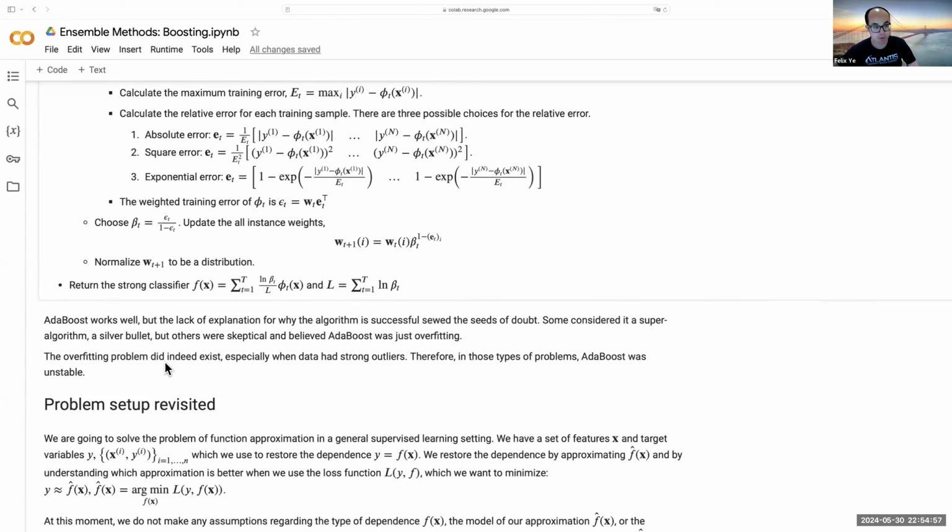In fact, these overfitting problems indeed exist, especially when your data has a lot of outliers. If your data has a lot of outliers, then your AdaBoost will not be stable, and that will cause problems. So that's another disadvantage of the AdaBoost algorithm.